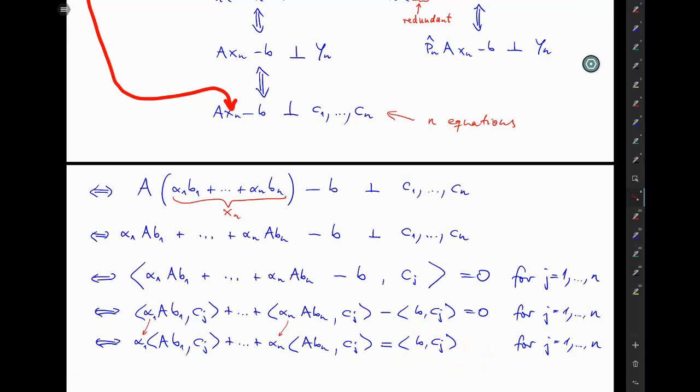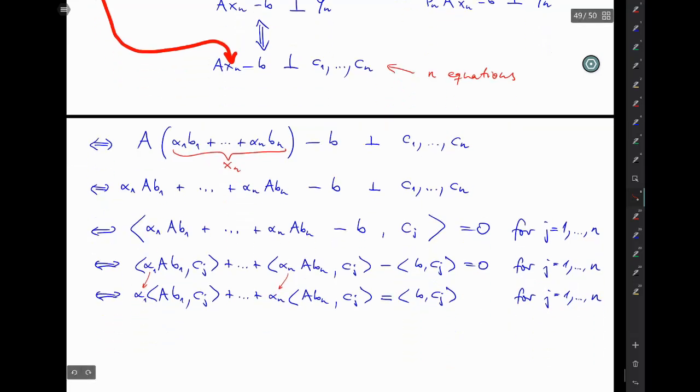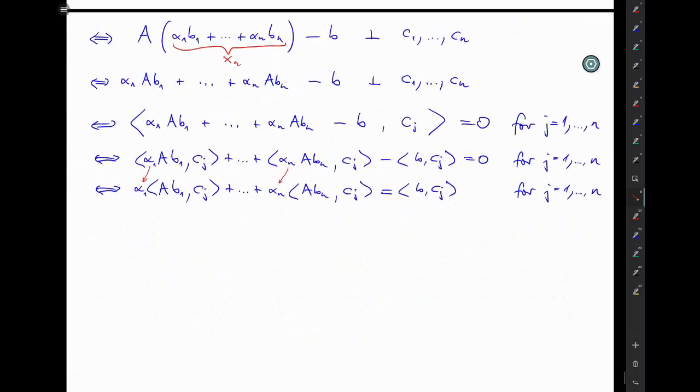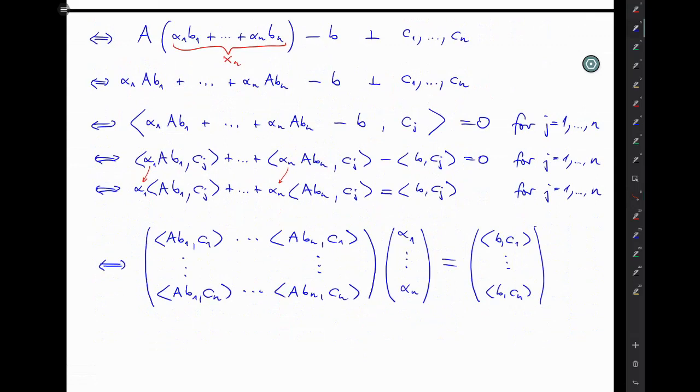And then you have your system of n equations for the n unknowns alpha 1 up to alpha n. And it's a linear system, so let's rewrite it again in matrix vector form. And that's your n by n Galerkin system.